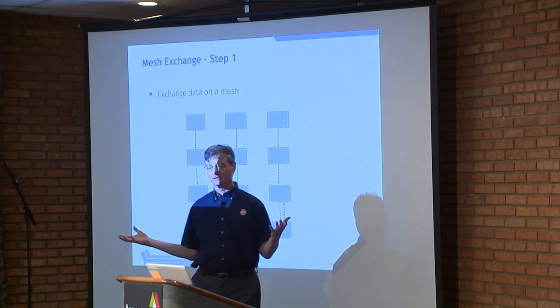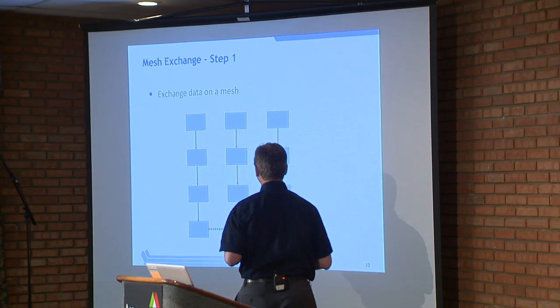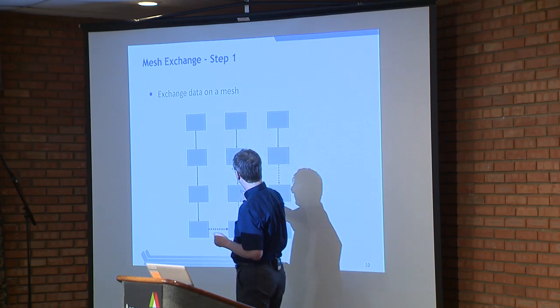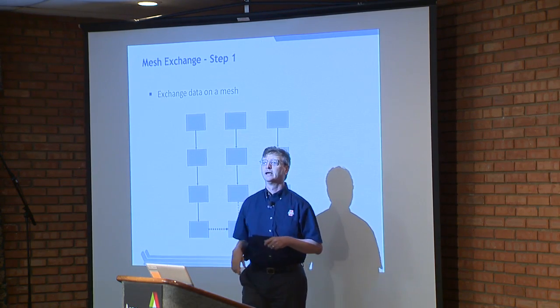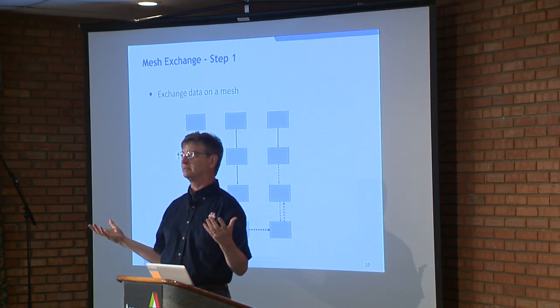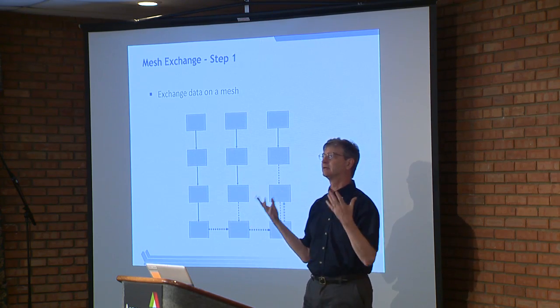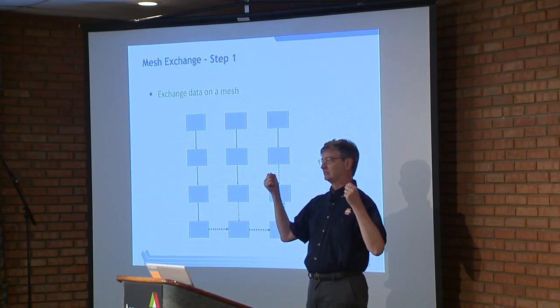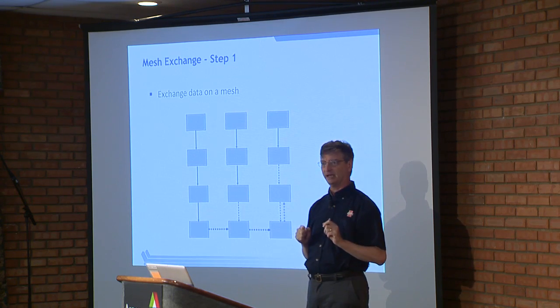Now, the problem here is that I've got data coming in from 2 processes to this guy. And my abstract model is that it can only absorb a certain amount of data per unit time. I'm also going to assume that they interleave, in the sense that the send operation is broken up into a bunch of little packets.